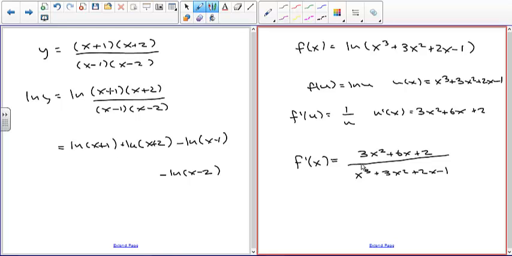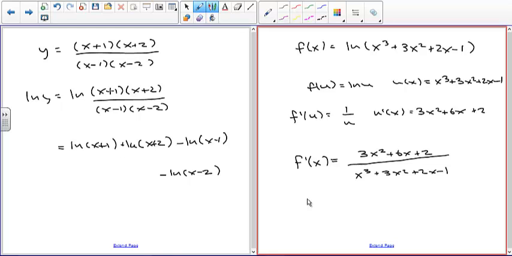So there's your answer. One thing, when we get to chapter, well, it might be even this chapter. If I said, what's the integral of 3x squared plus 6x plus 2 over x cubed plus 3x squared plus 2x minus 1, initially you wouldn't have any idea.